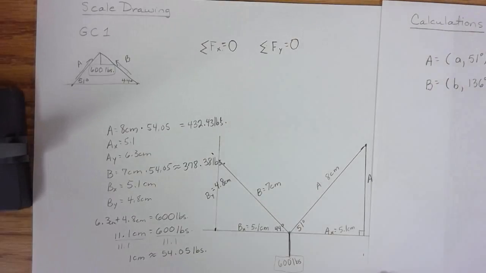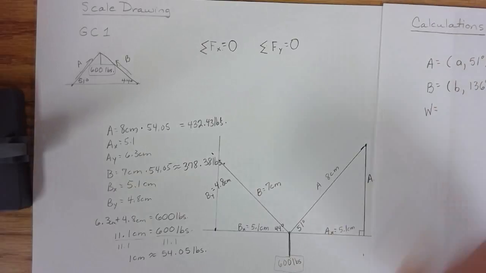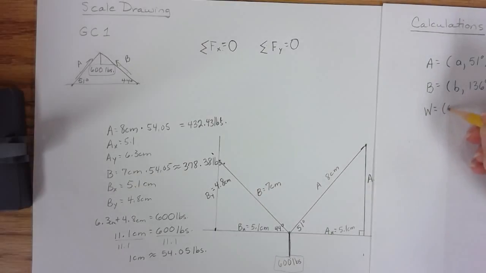And we actually have 3 forces acting on this. The third one is the weight. It does have a magnitude. We actually do know its pounds. Its pounds are 600. And we also know its direction.